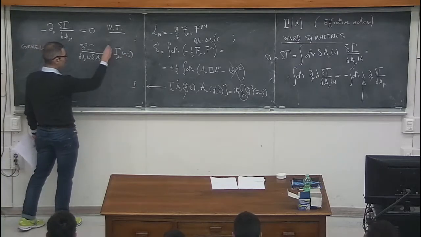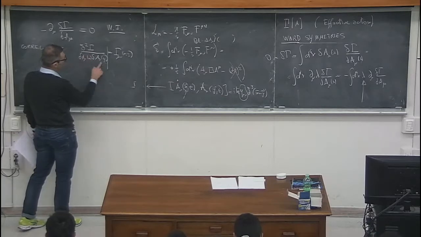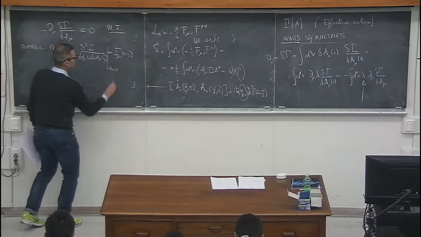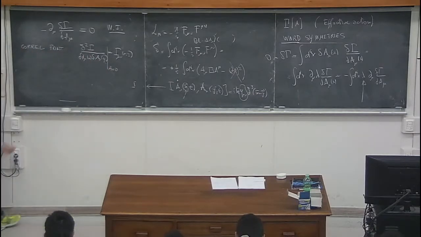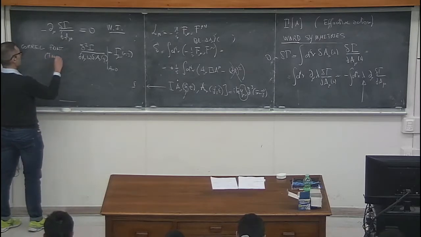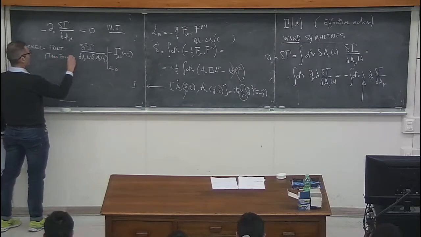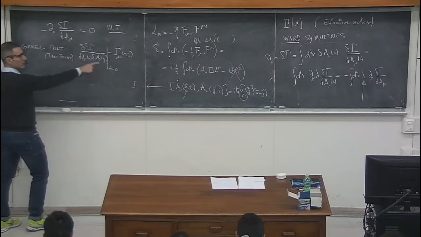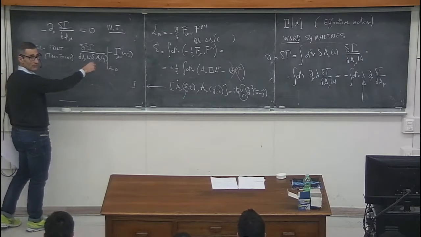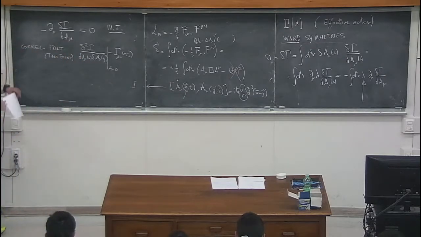So then you take the derivatives and compute it for A equal to 0, okay. So this is just the definition of a 2-point function. If you need a 3-point function, you just take 3 functional derivatives, and then you set A equal to 0, and you create a 3-point function, 4-point function, anything.